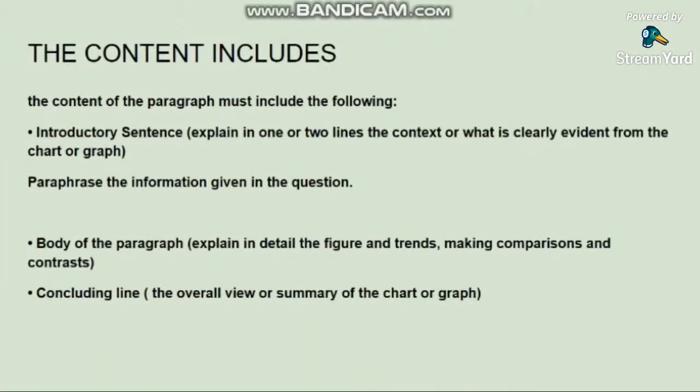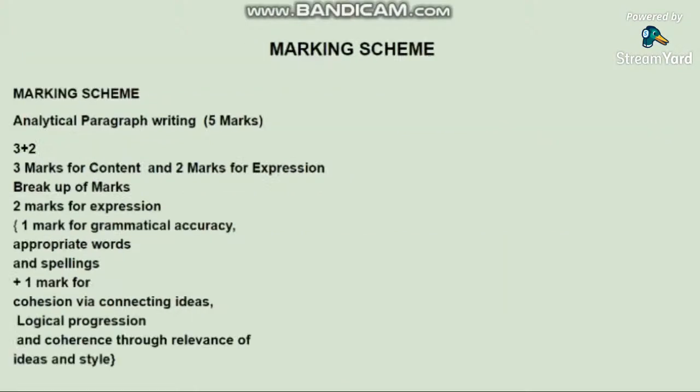The content should include introductory sentence, body of the paragraph, and the concluding line. So it is simple. On the top you have the heading, then you leave a line, and then the content contains your introductory sentence, then the main trends, and then the concluding line.